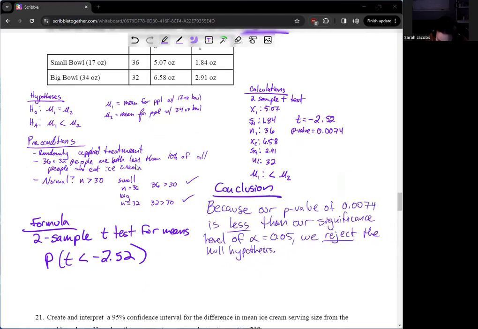Sentence two. You can even bullet point that.